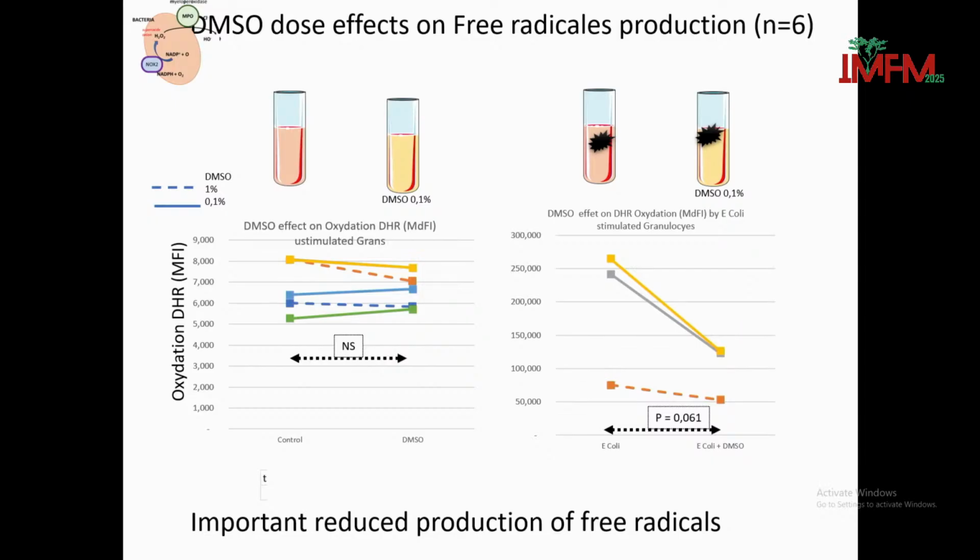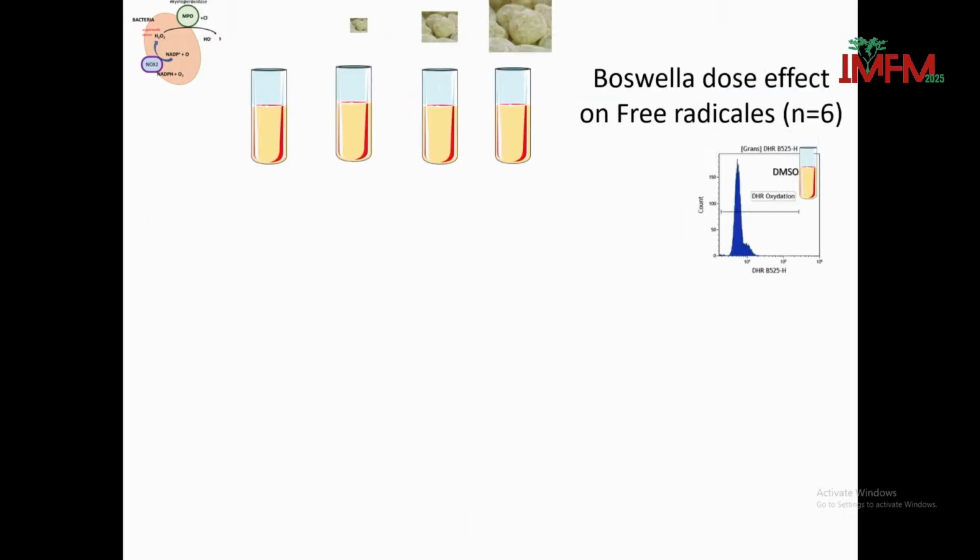And we can see that we still have some difference between the stimulated cells and the stimulated cells in presence of DMSO. And you can see that we have some difference with DMSO at 1%, but you know that it's a bit toxic. But we still have some difference by using the DMSO at 0.1%.